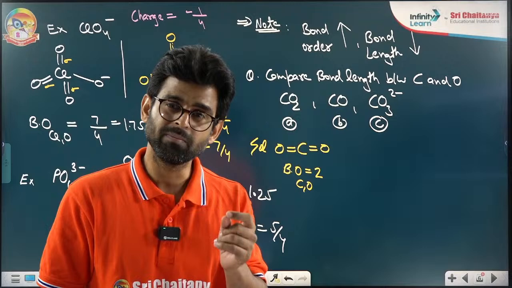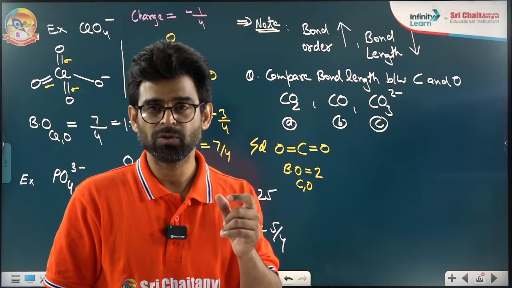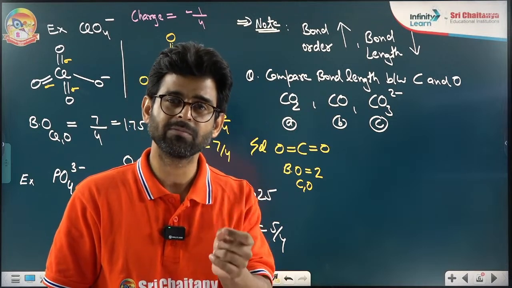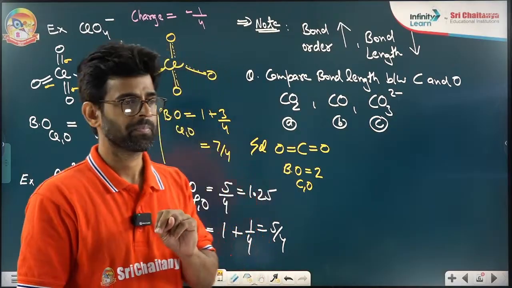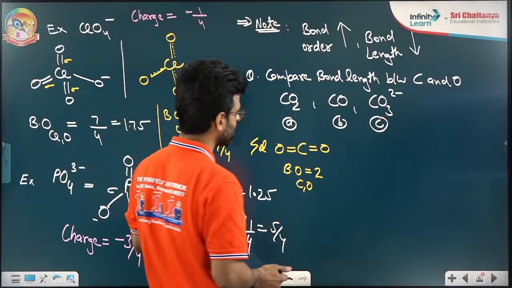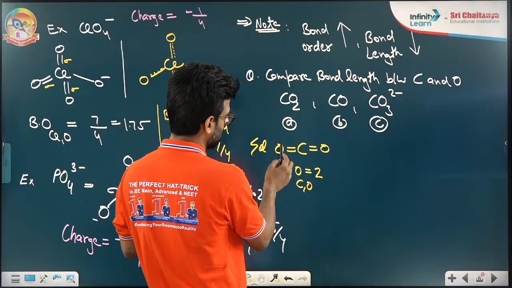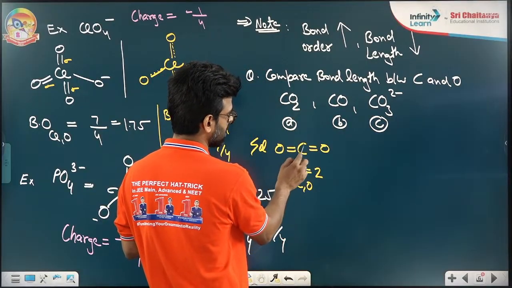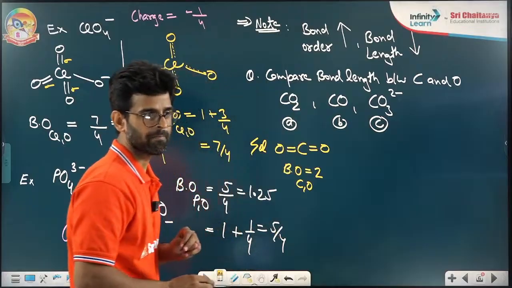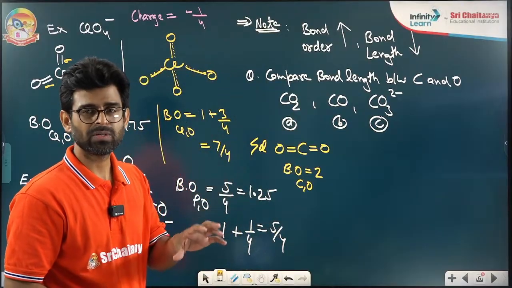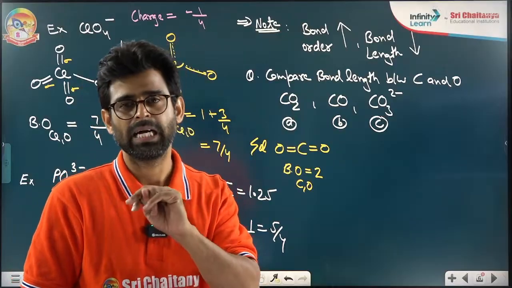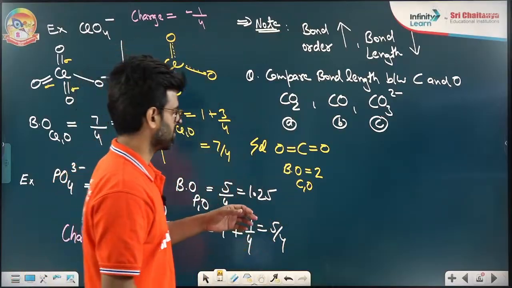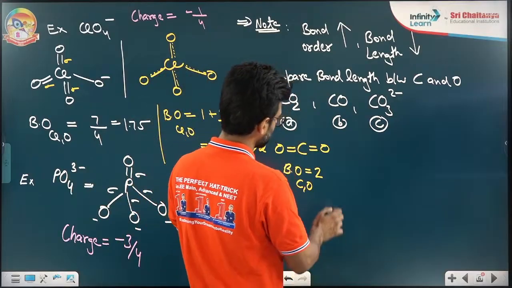If you make its resonating structures, you will find the average bond order between carbon and oxygen comes 2. Why is it having resonance? Because of lone pair, sigma, pi. I'm not going into detail, because resonance is not our main topic this time.